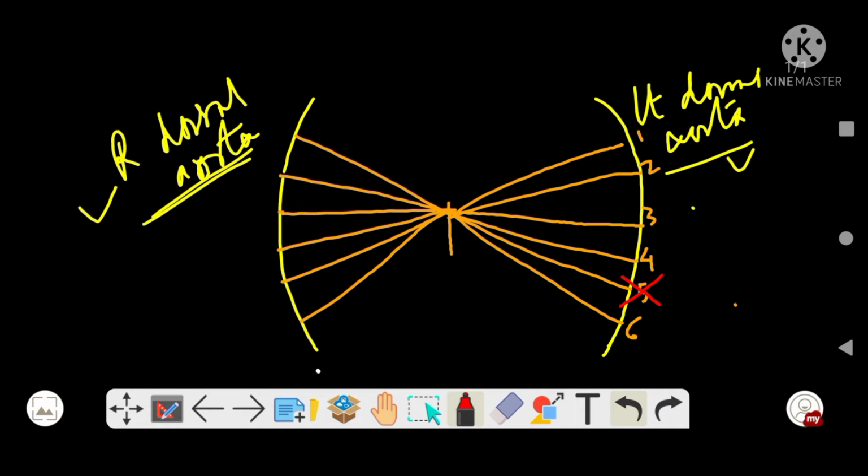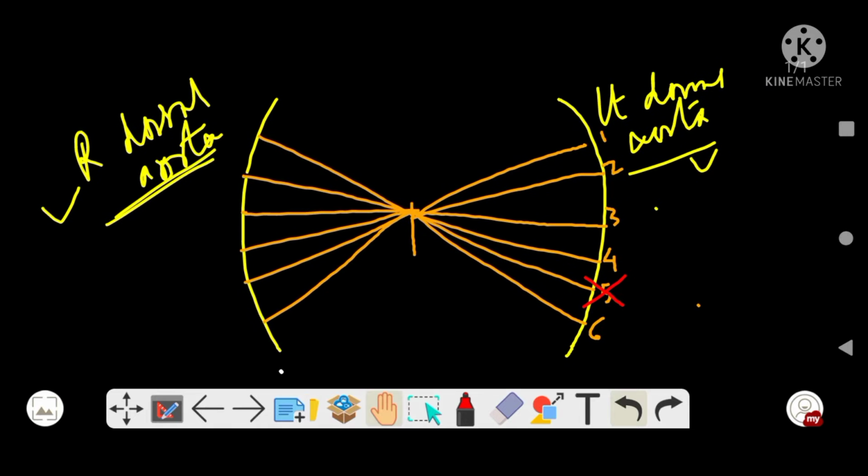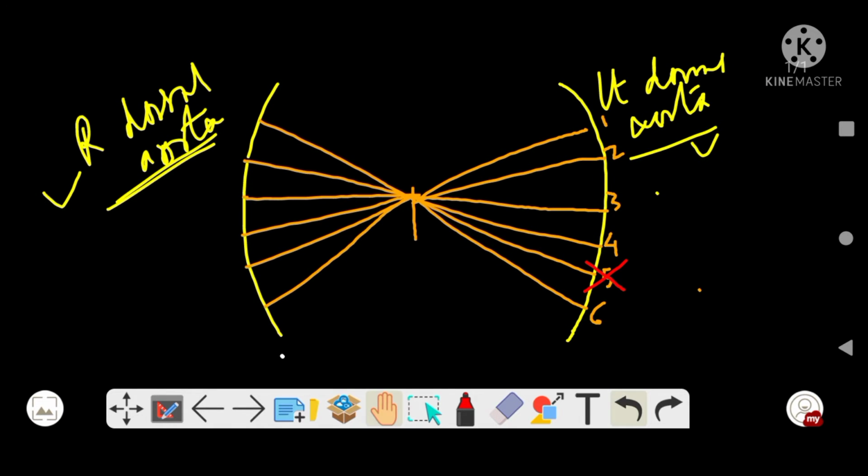Correct. Okay. So I think up to this it is clear, right? Now we will see the derivatives from each arch. So up to now we have drawn the right dorsal aorta, left dorsal aorta, and the 5 arches 1, 2, 3, 4, and 6, right? So now we will see the derivatives.